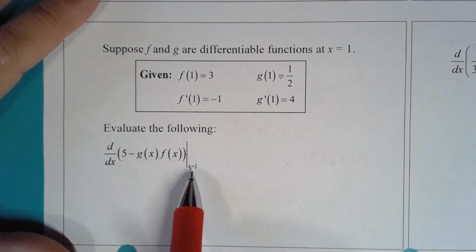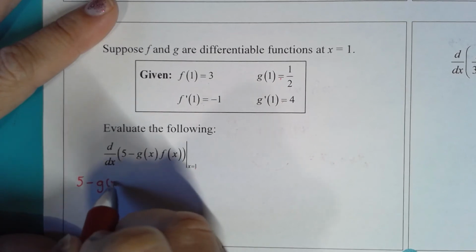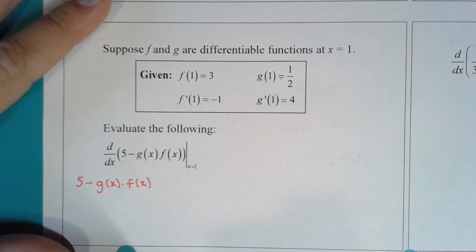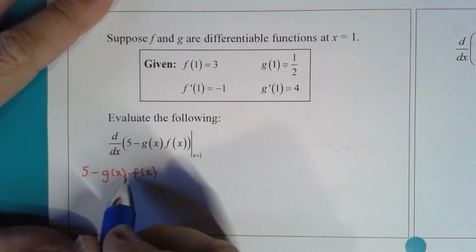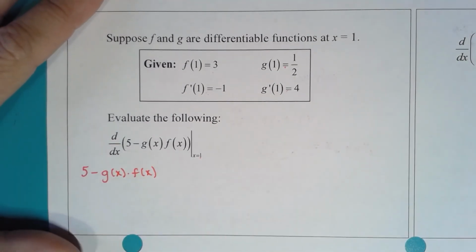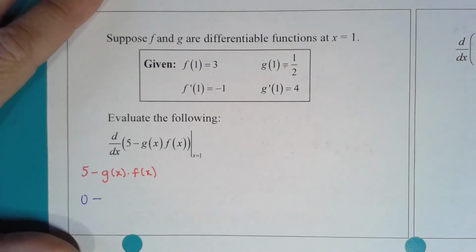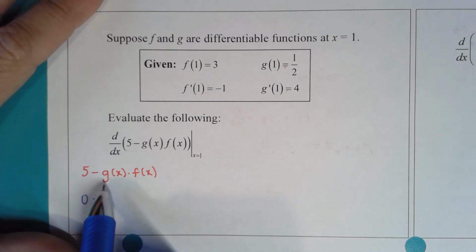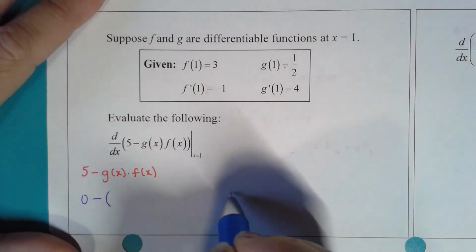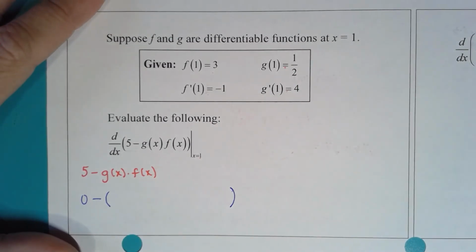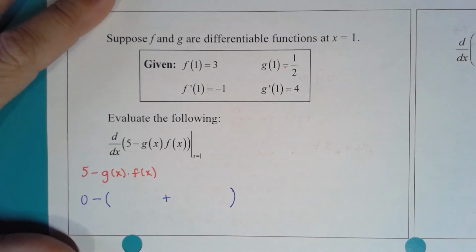We've seen this before. So the first thing I'm going to do is just write this down again. 5 minus g of x times f of x. We have two terms, the 5 and then the product. The derivative of 5 is 0 minus, now we have the product rule. Where we have to be careful here is that the product produces 2 terms, and we need to subtract all of that, right? The product rule says we need a plus sign in the middle.